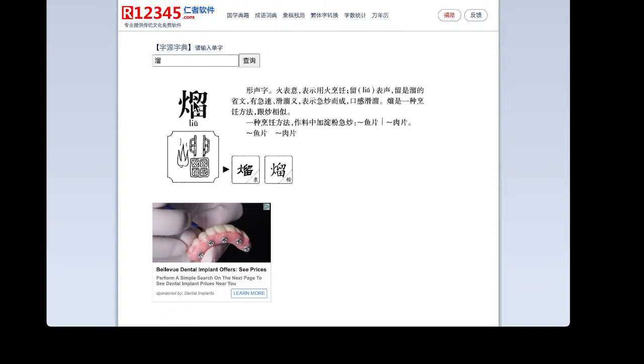We use the one with the water radical. And this 溜 with the fire radical is actually a way of cooking, very similar to 炒. 炒 is called 溜 now.